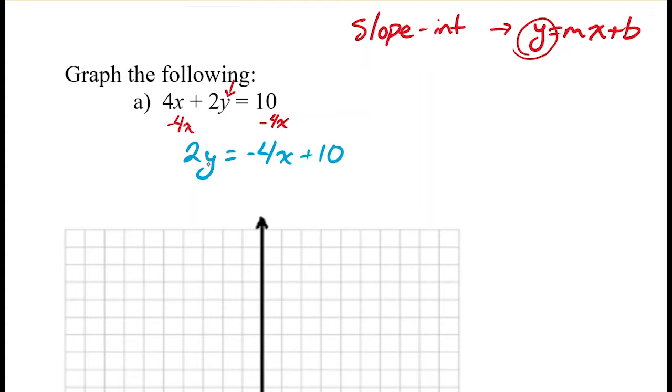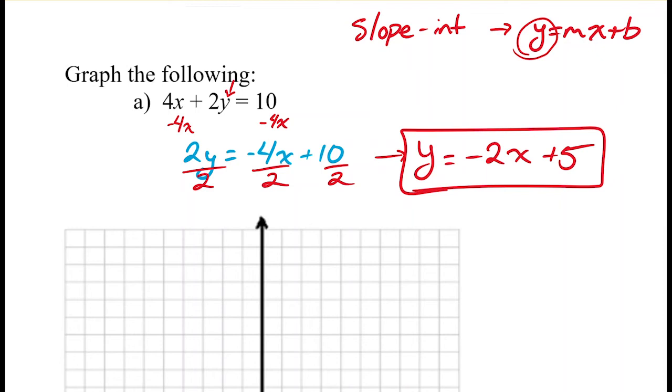And then how do I get y by itself here? Well, it's being multiplied by 2. So in order to get rid of the multiply by 2, I got to divide by 2, divide by 2, divide by 2. So I'm going to end up with y equals negative 2x, right? Negative 4 divided by 2 is negative 2, and 10 divided by 2 is 5.